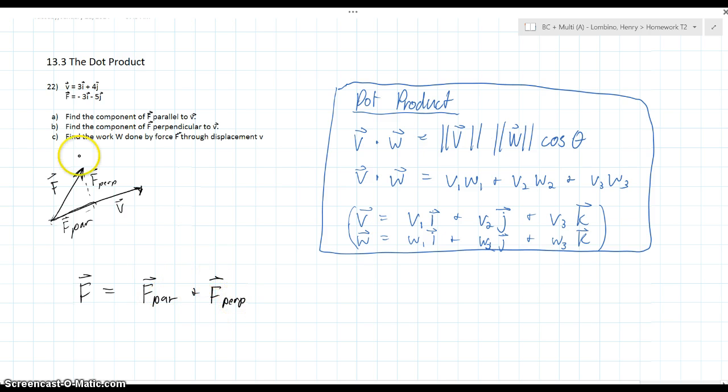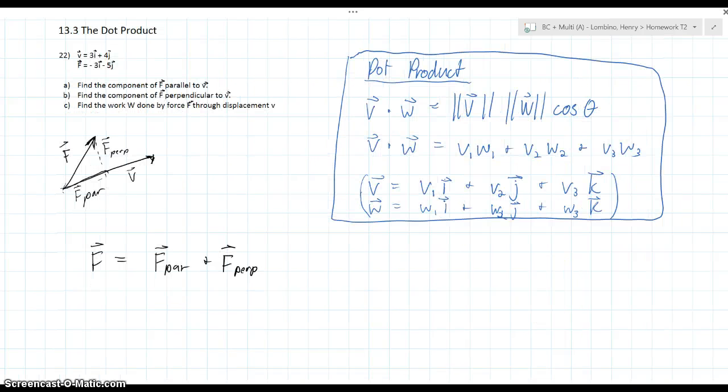And we also know that the magnitude of f parallel is equal to the dot product of f and v, all over the magnitude of v.